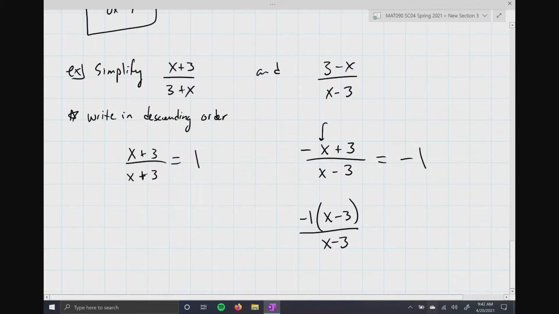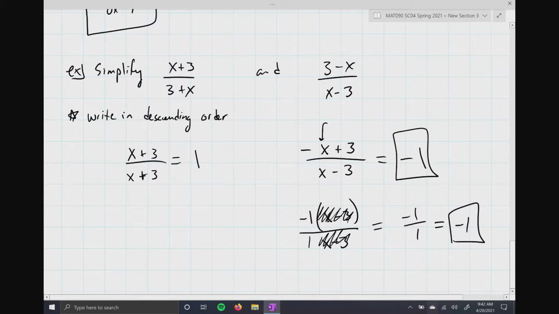So if I factor out a negative 1, instead of x being negative, it's now positive, and instead of 3 being positive, it's now negative. So from here, I can clearly see that I have x minus 3 over x minus 3. So these reduce. That turns into a 1, so I got negative 1 over negative 1, which is still negative 1.